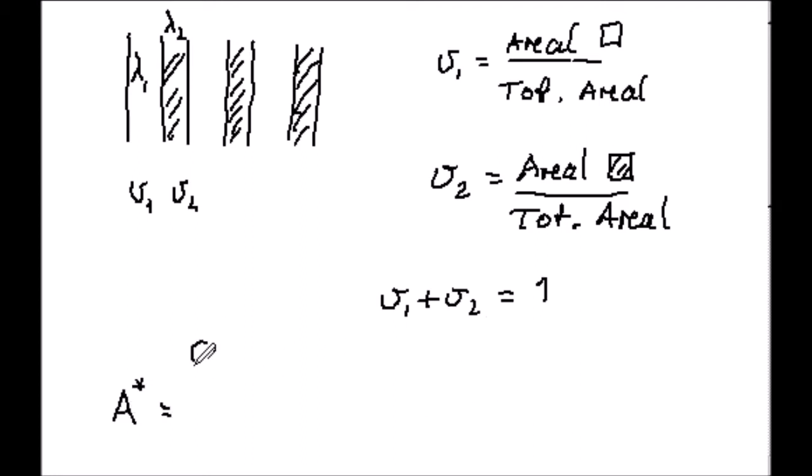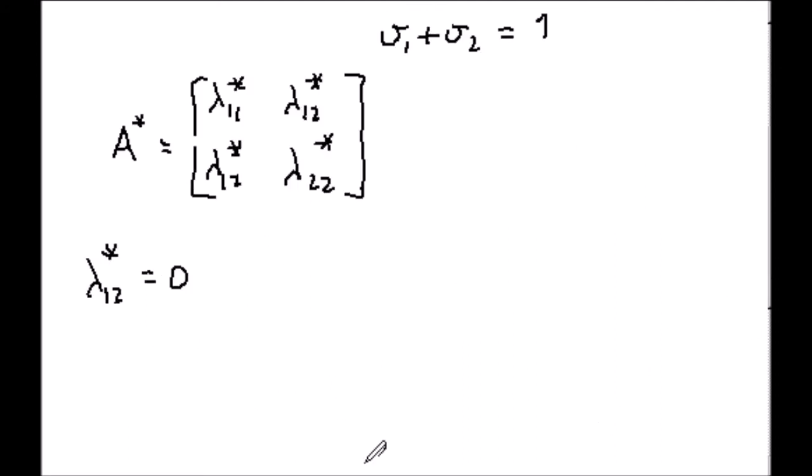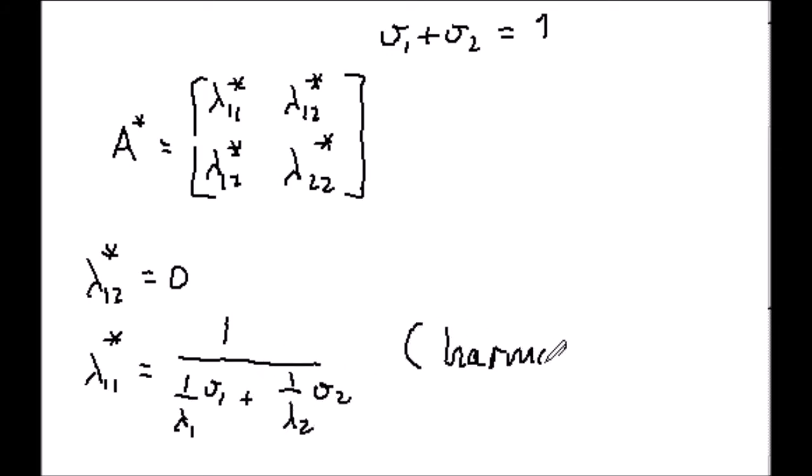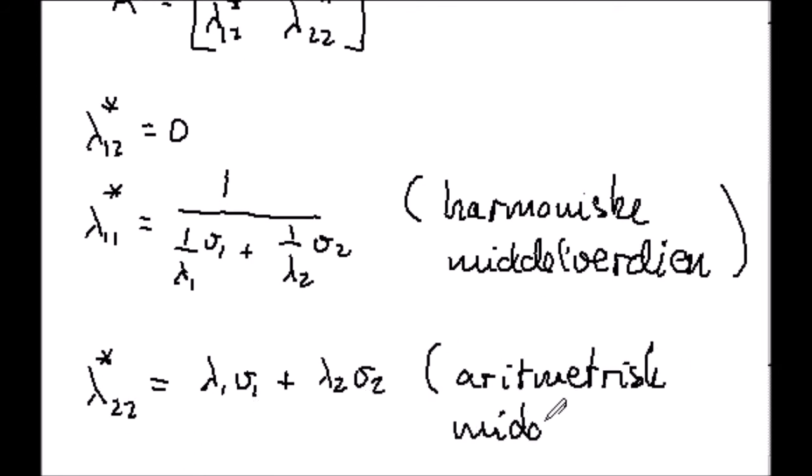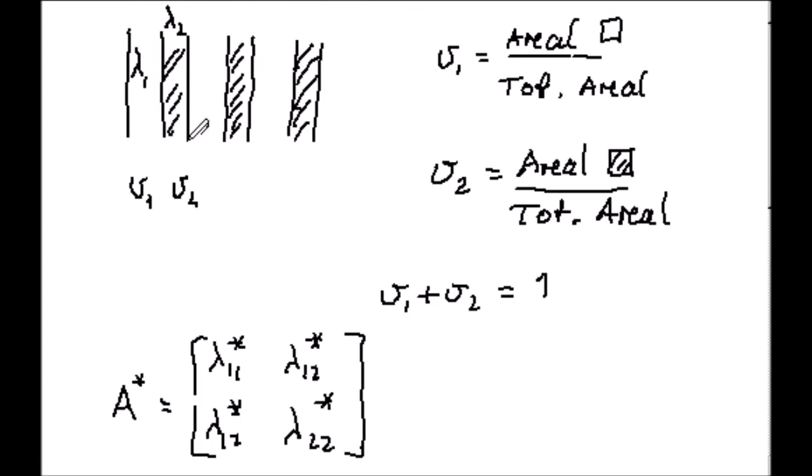In this case, it's possible to show that the effective heat conductivity matrix is given in the following form. The off-diagonal elements are equal to 0, and lambda 1 1 star is equal to the harmonic mean of the conductivities. The other diagonal element is just equal to the arithmetic mean of the two conductivities. This implies that the conductivity in the horizontal direction is less than the conductivity in the vertical direction.